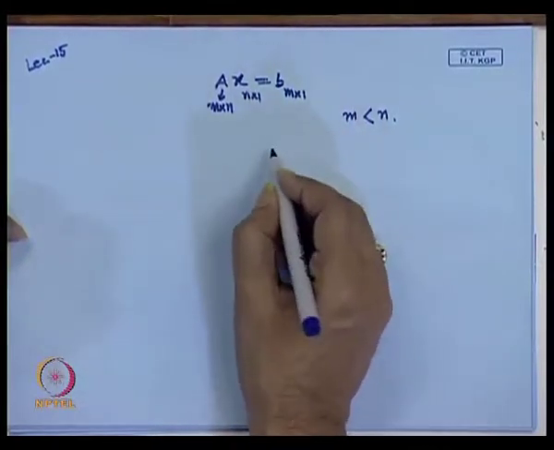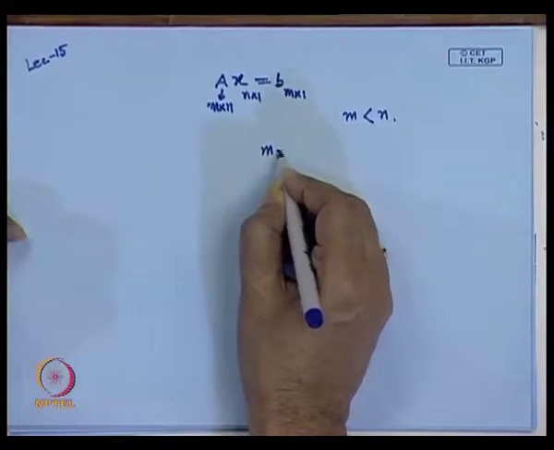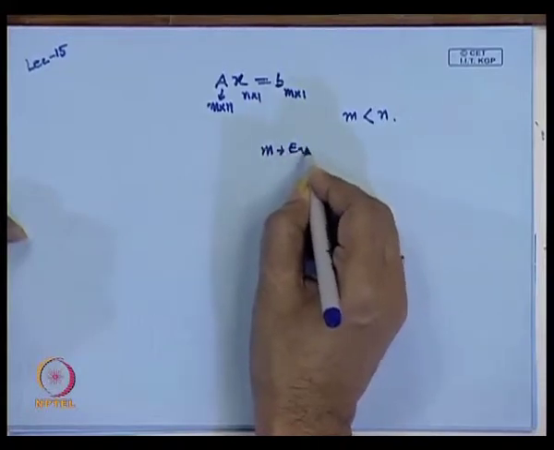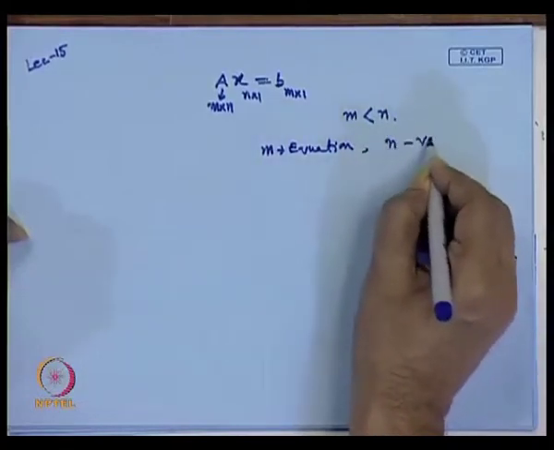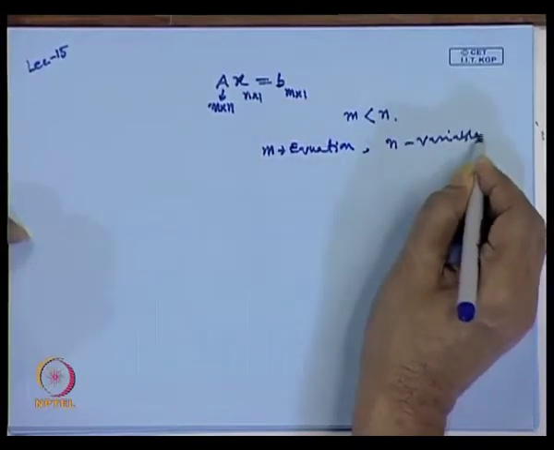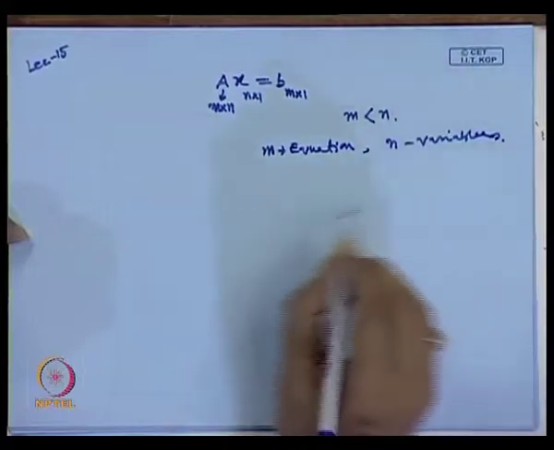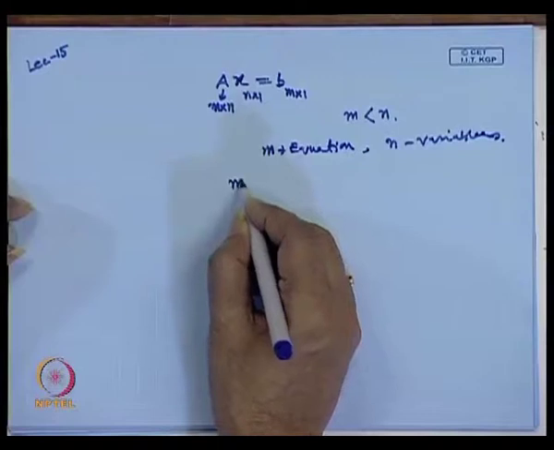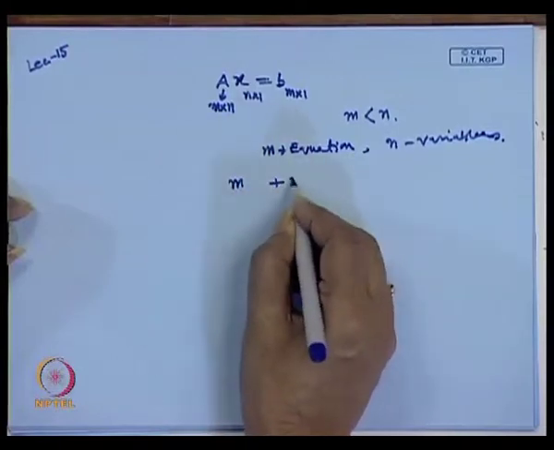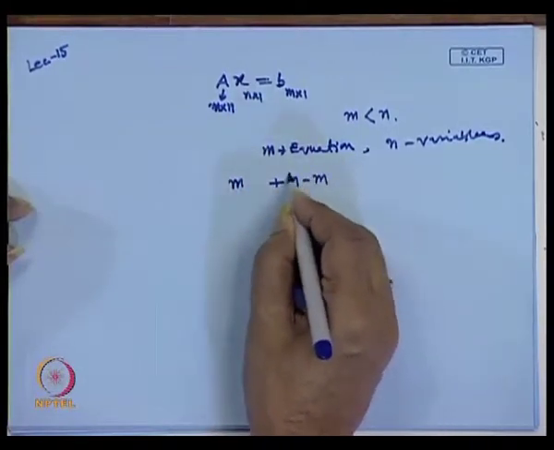So, there are m equations and n variables. Out of n variables, we can split these into two parts, m and n minus m variables.